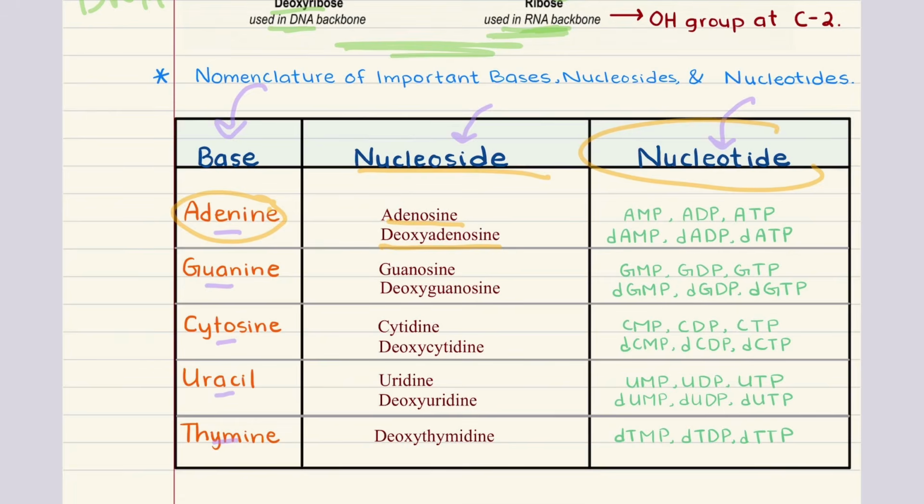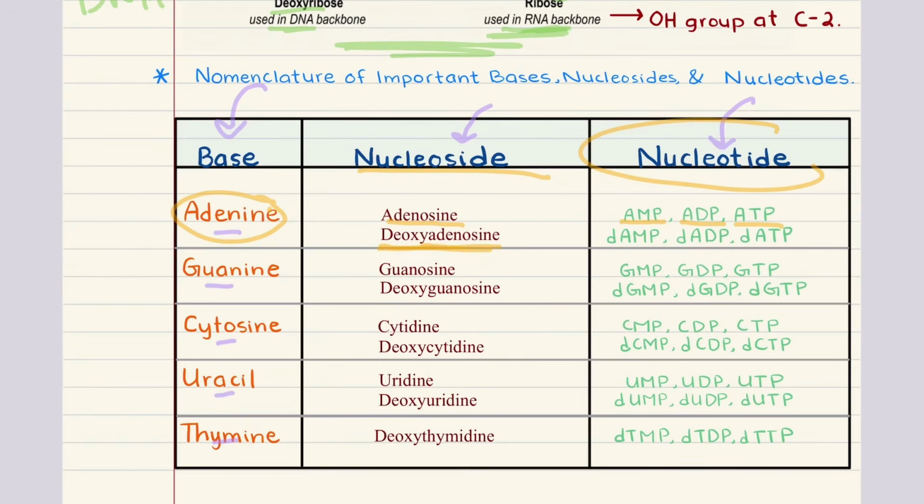So for the ribose version, if there is 1 phosphate, we have adenosine monophosphate, AMP. If we have 2 phosphates, we have adenosine diphosphate, or ADP. And if there's 3 phosphates, then it's adenosine triphosphate, or ATP.